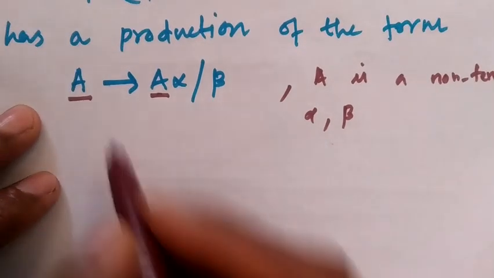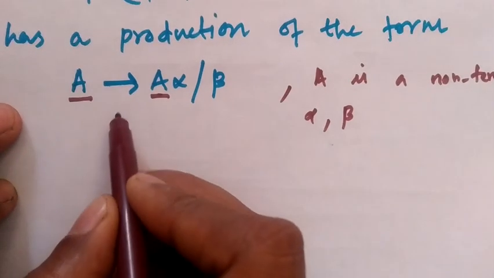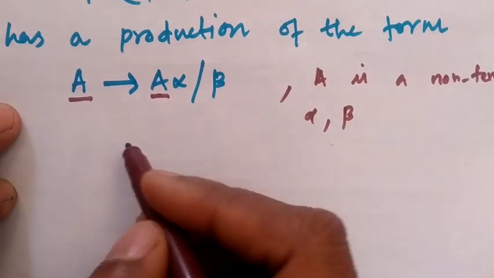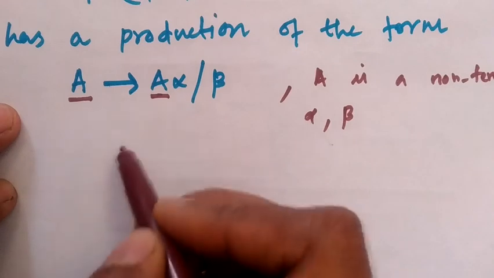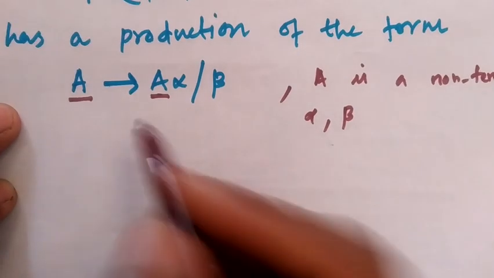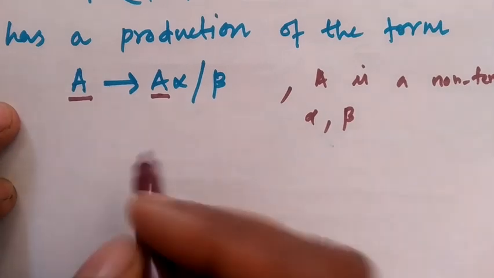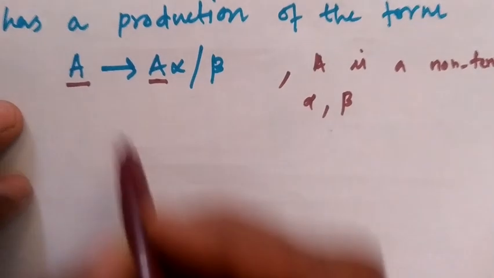So we can remove this immediate left recursion very easily. First I will give one example of how we remove immediate left recursion, then I will tell you the general rule to remove immediate left recursion from a grammar.